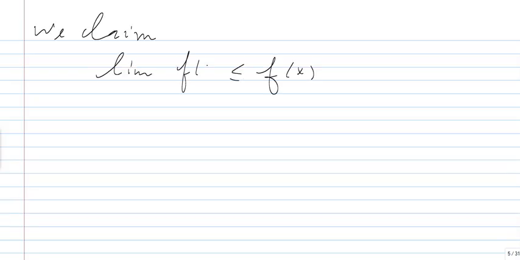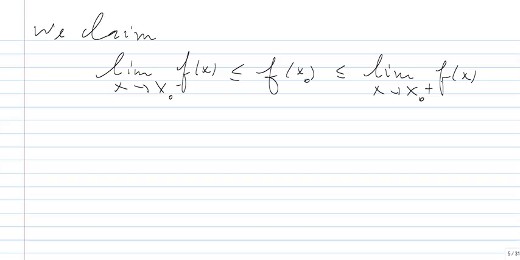Great. So now what we want to show is, in fact, the following claim: f of x0 is between the left limit, the limit of f of x when x goes to x0 from the left, and the limit of f of x to the right. In other words, the left limit and the right limit squeeze the value of the function at x0.